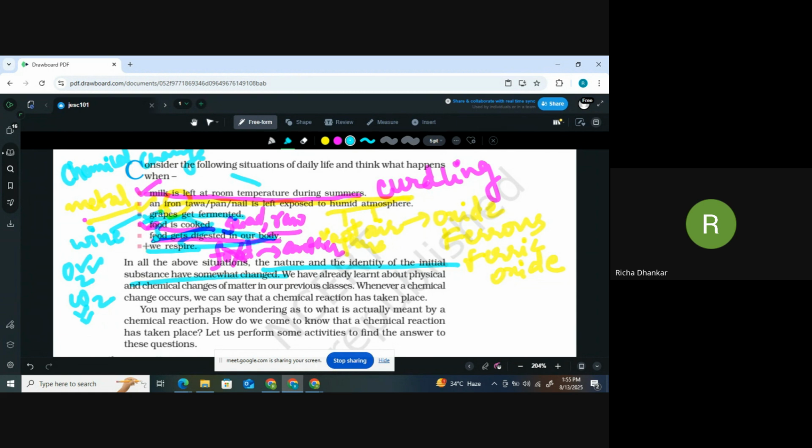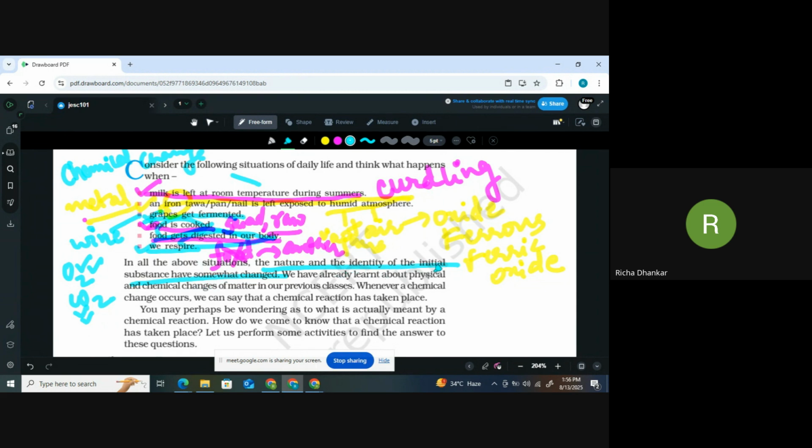That oxygen which you inhaled and the carbon dioxide which you removed will never take the same form or come back inside your body in the same form. There will be another oxygen molecule which will be entering your body. Also, this oxygen which is entering your body is helping in the breakdown of glucose. So that means during respiration, a lot of chemical changes are taking place inside the body.